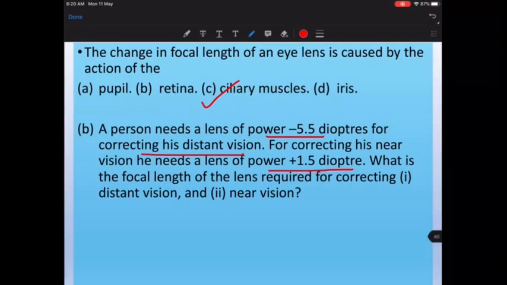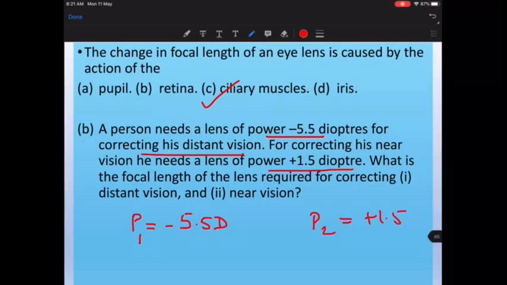What is the focal length of the lens required for correcting both the distant vision as well as the near vision? So what is given in this question? I told you, anytime you are given a question, you have to very clearly write down the given data available to you. The data that we have is, for distant vision, power of minus 5.5 diopters, and for near vision, plus 1.5 diopters.